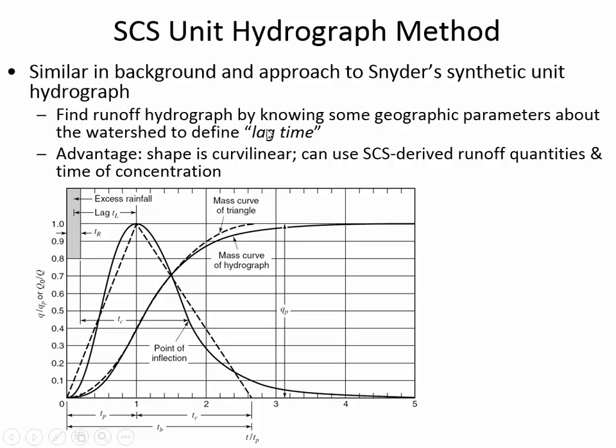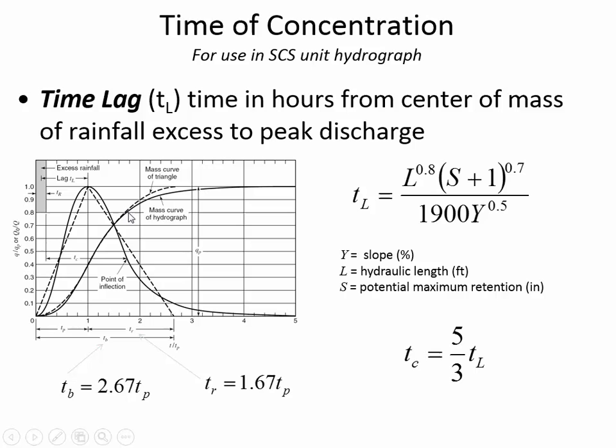And the lag time is related to the time of peak, and I'll show you the equations for that. The lag time, as it's shown here, is the time from the peak to the middle of the rainfall event. And so T sub r is the rainfall duration, and the lag time is how long it takes to go from the middle of the rainfall duration to the peak.